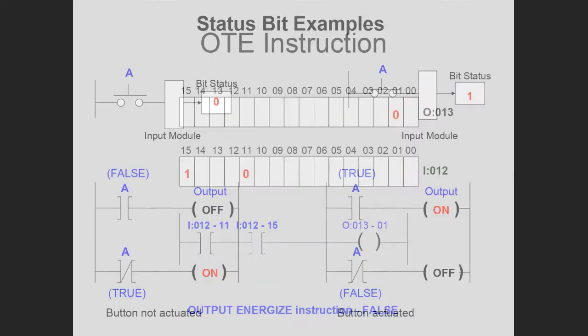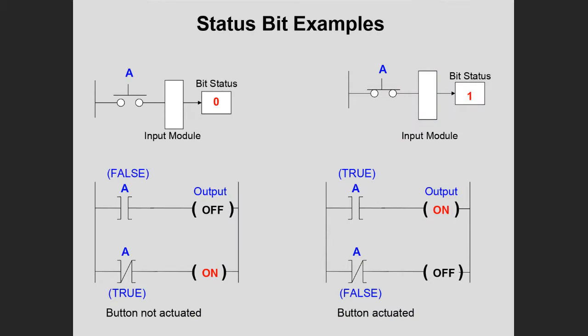And so to review how these work, I have basically two sets of programs in this slide. Here we have a normally open push button connected to the input module. And here's one cell. I showed you the whole row in the register. This is one cell in the input image table that this is mapped to.